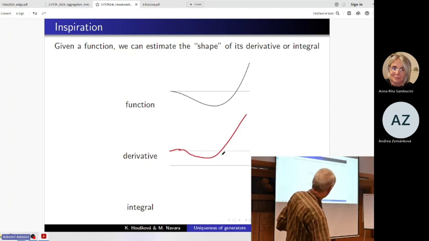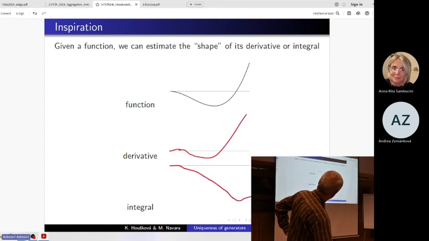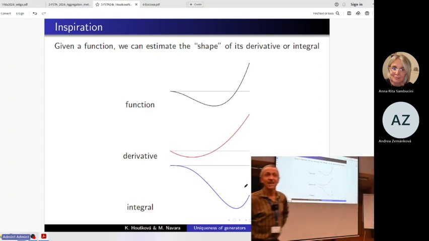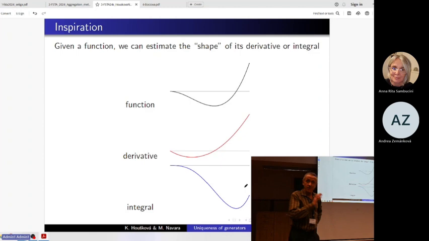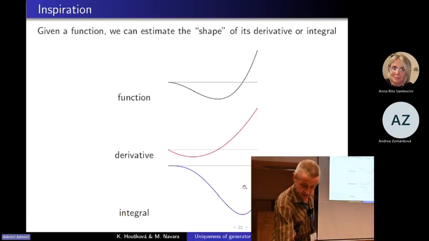The integral must be now negative, negative, negative, now increasing, still negative. Okay, better this way. Yes, these are the correct ones. So here you have an intuition. You would know which figure shows which feature.